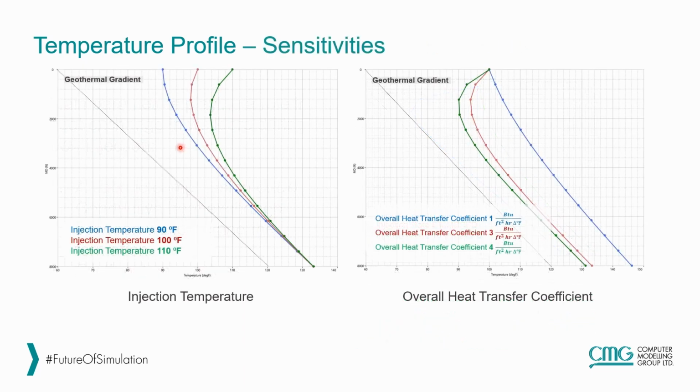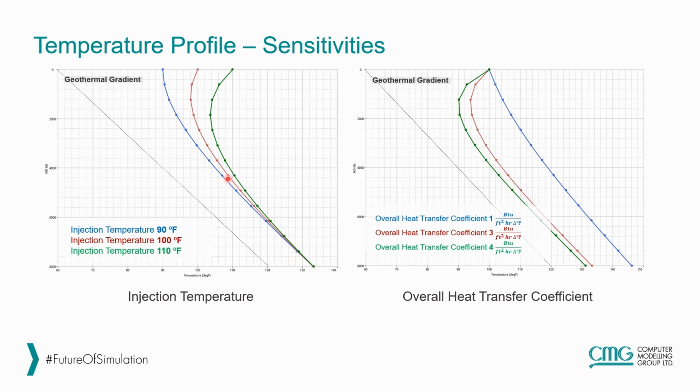Let's look at the effect of injection temperature and the overall heat transfer coefficient. On the left-hand side plot, we are increasing the temperature of CO2 at surface from 90°F to 100 and then 110. By increasing the injection temperature, also the temperature at every depth of the wellbore is increasing, but this only lasts for a certain depth, and eventually all cases converge to the same value.